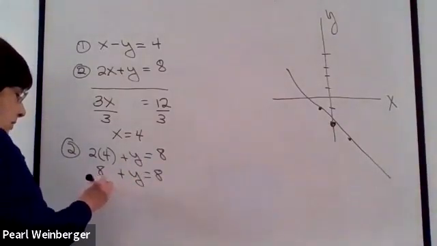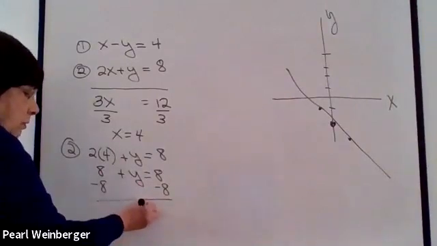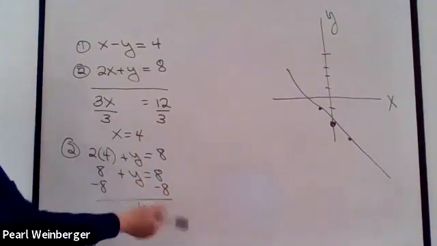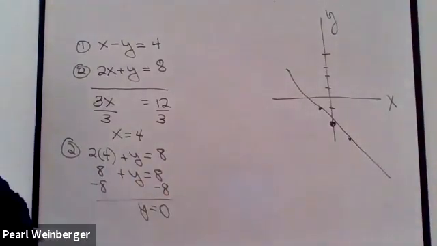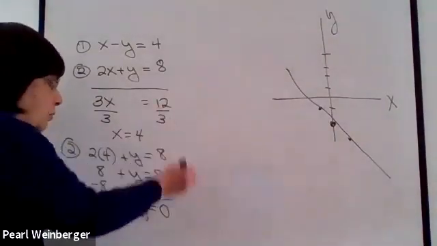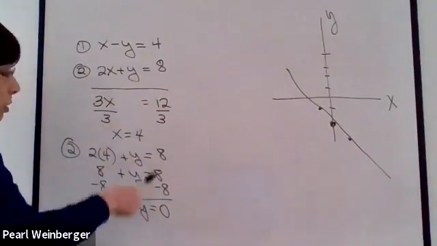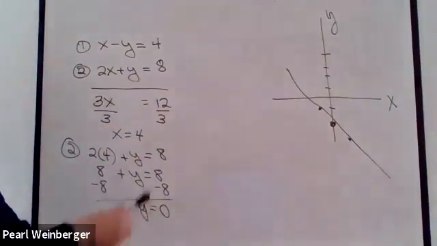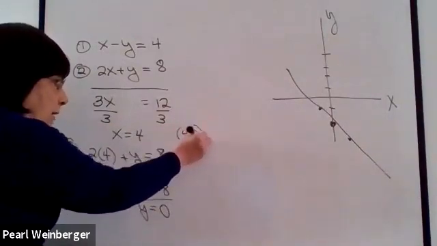And I bring this 8 to the other side. It gives me y equals, well, what happens when we have 8 minus 8? The 8's cancel out and I'm just left with 0. So my solution to this system of equations is x equals 4, y equals 0. Or if you want to put it as a point, 4 comma 0.